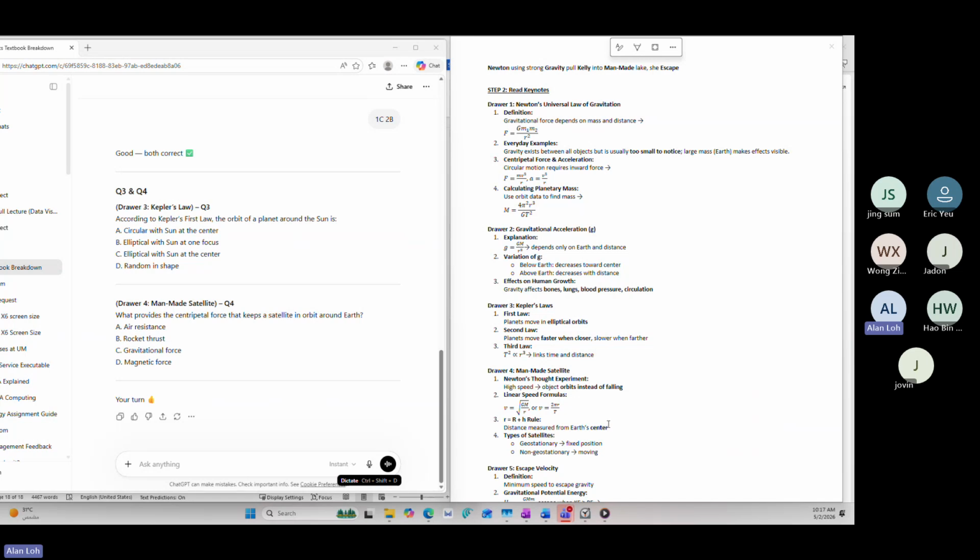Okay, Xuan is B and C. Eric is also B. Jing Sam is also B and C. Jovin is also B and C.